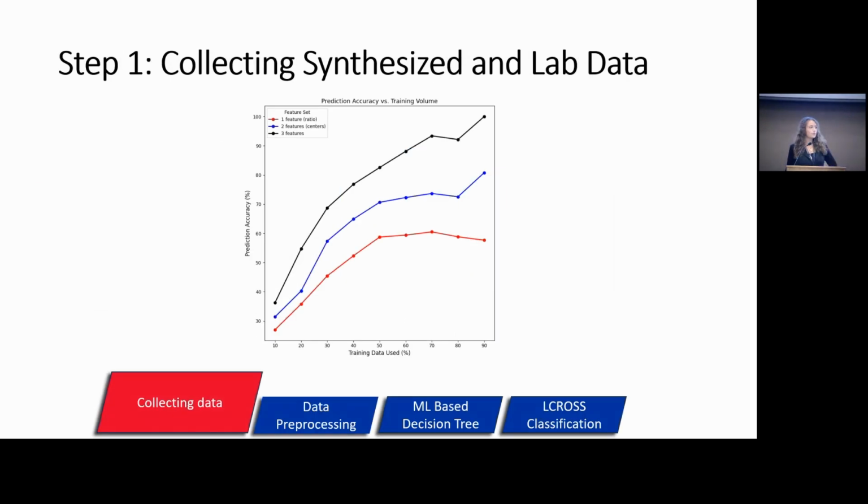To provide a little bit of motivation for the extreme amount of synthetic and lab data we need to collect to train this model, I'll show this graph. On the x-axis is the amount of training data used for the model, and on the y-axis is prediction accuracy. The next thing I want to point out is the three different lines on this graph, which represent the different amounts of complexity that we allow the model to have.